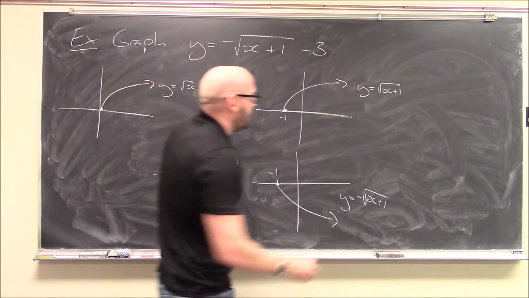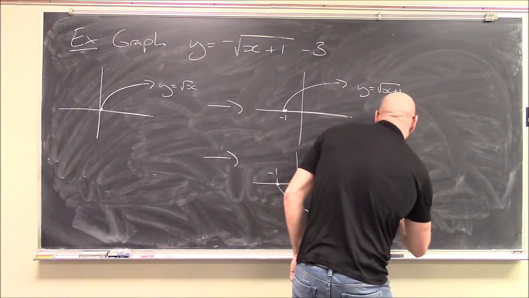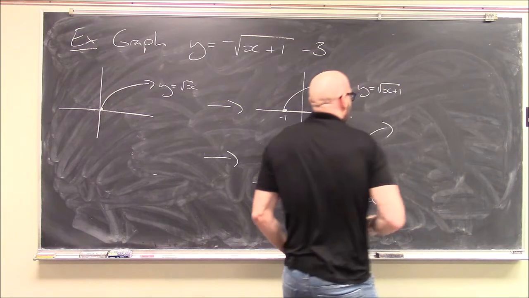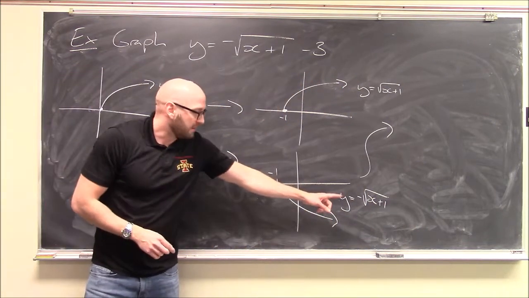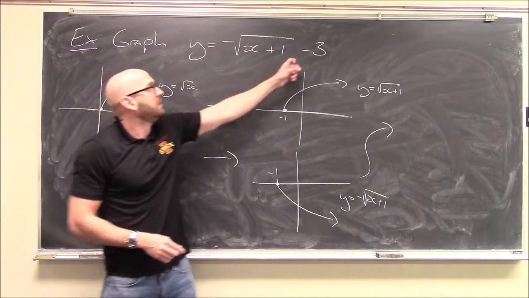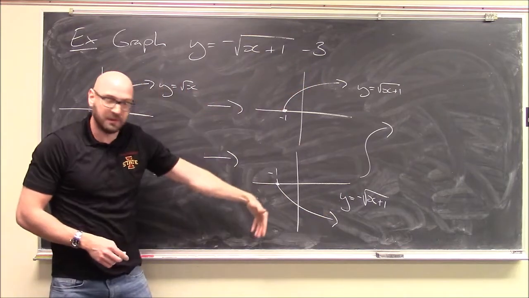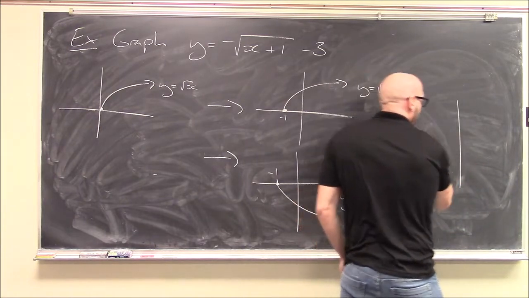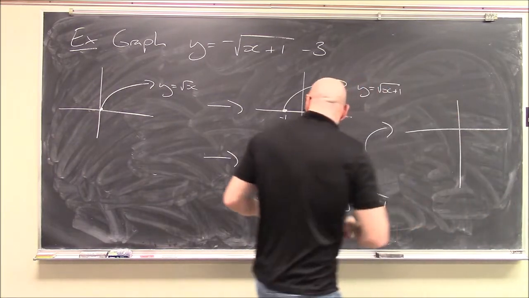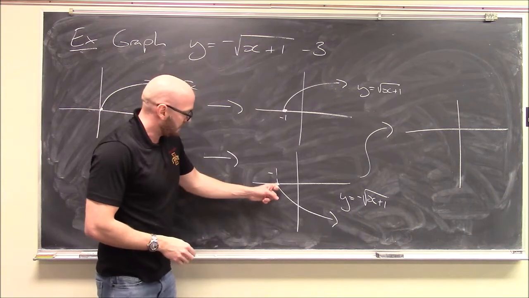And I haven't really left myself enough space. How about we squeeze this in up here. Last thing we need to do now that we have a picture of minus the square root of x plus 1, now we just have to subtract 3. So that's a vertical shift down 3 units. So we're here at minus 1 and 0.